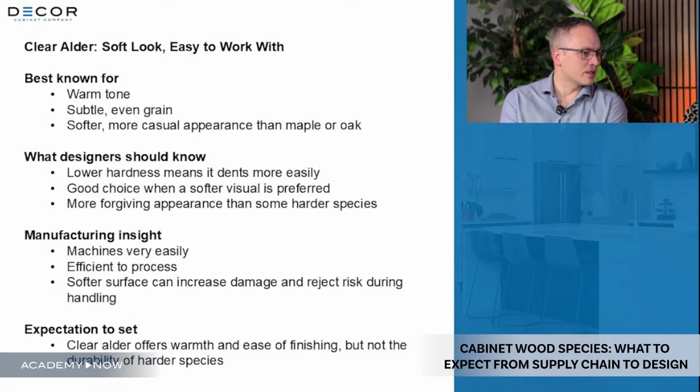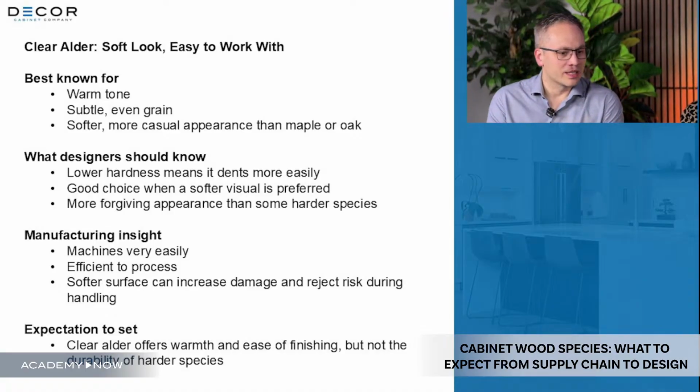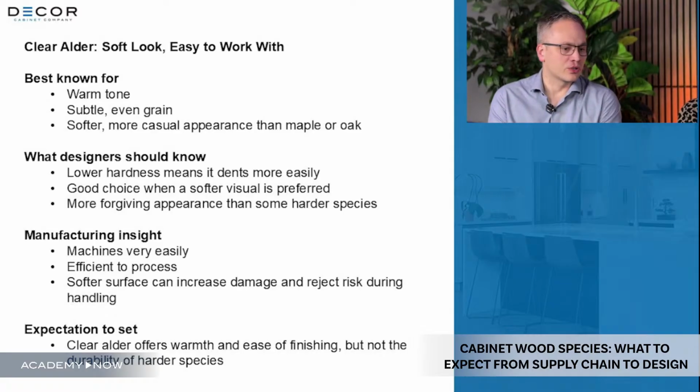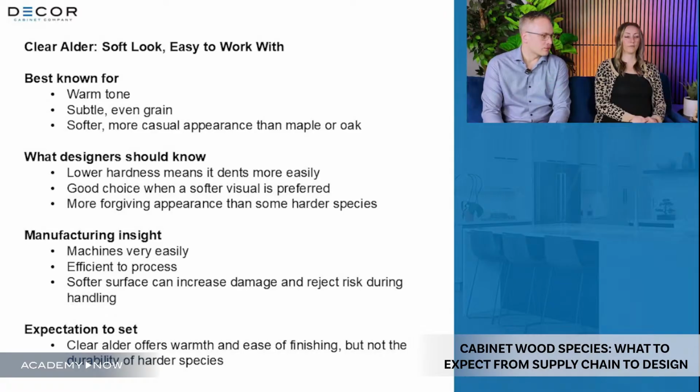So the durability of it is not as high as, let's say, a maple or an oak door, but it's a good choice when a softer visual is required. Like I said, for stain, it's a really good color. It's easy to work with. You get consistency in production as well. It machines nicely, an efficient wood species to process.